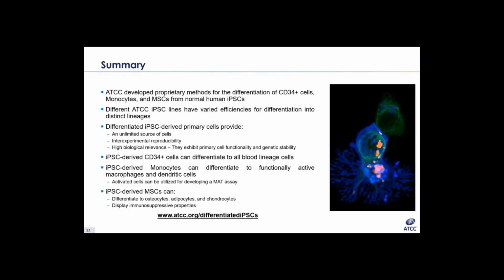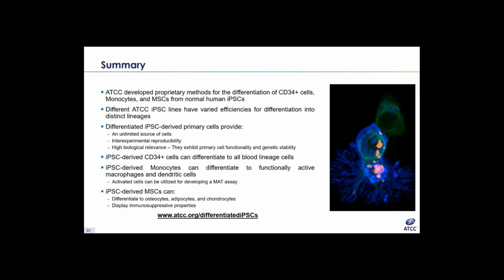So we commercialized the iPSCs that differentiated the most efficiently. Differentiated iPSC-derived primary cells can provide an unlimited source of cells for your cell-based assays, as well as interexperimental reproducibility and high biological relevance. They exhibit primary cell functionality and genetic stability.